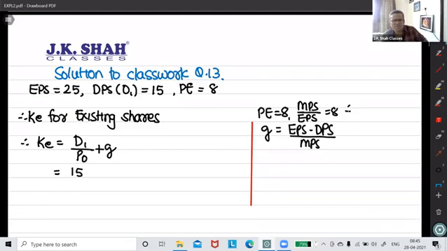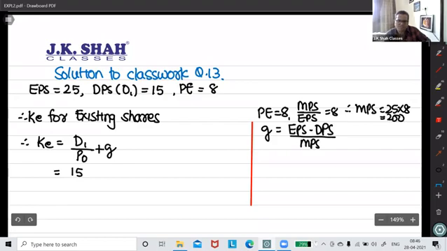Substitute. EPS is 25, so MPS is 25 into 8, that is 200. So g is equal to 25 minus 15 upon 200. 25 minus 15 is 10, 10 upon 200 is 5%, so 0.05.